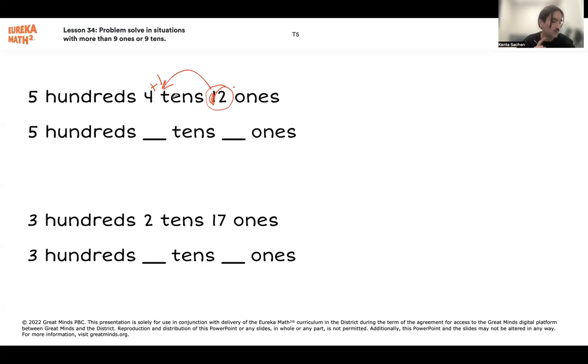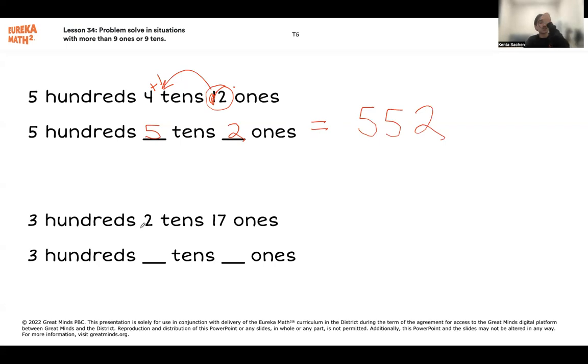What's 4 plus 1? Everyone, 4 plus 1 is 5. Awesome. And then we're left with 2 ones. So 5 hundreds, 4 tens, and 2 ones is equal to 5 hundreds, 5 tens, and 2 ones. And what number is 5 hundreds, 5 tens, and 2 ones? Shanti? Yeah, 552.